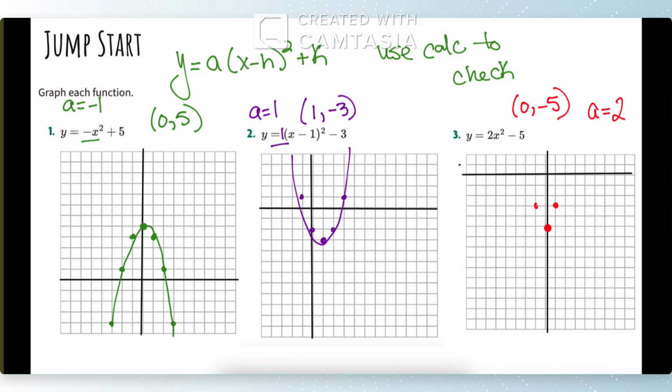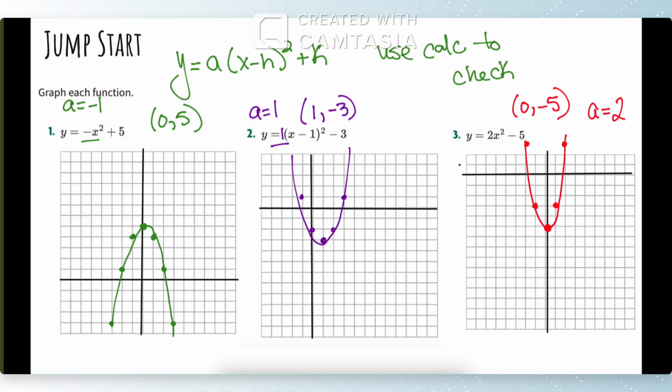And then over 1 up 2 to the left and to the right. Same thing for my other problem. I wish I had shifted it down lower. That's okay. Just know that from there I'm going to go 2 times 4, which would have been 8. And that's going to be like right here. Just 1 square off the graph. I could have put my axes in better positions. Hopefully you will.